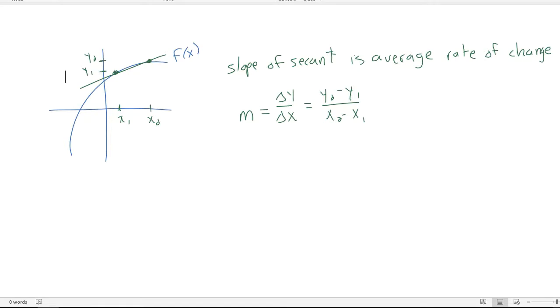Now if you think about this for a moment, notationally, the y value here at x2 is what we get from plugging x2 into the function, right? So if we have the point x2, this y value is f at x2. And ditto for this guy: if we plug x1 into our function, the y value is f at x1.